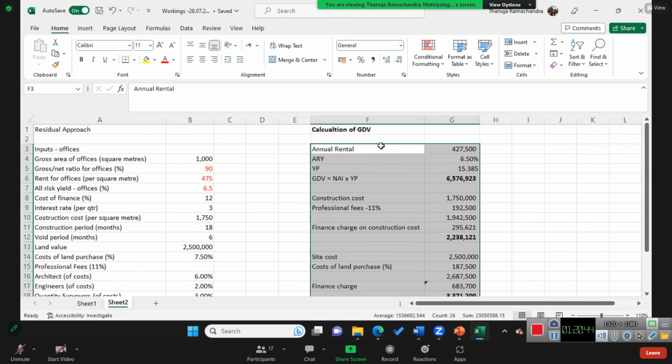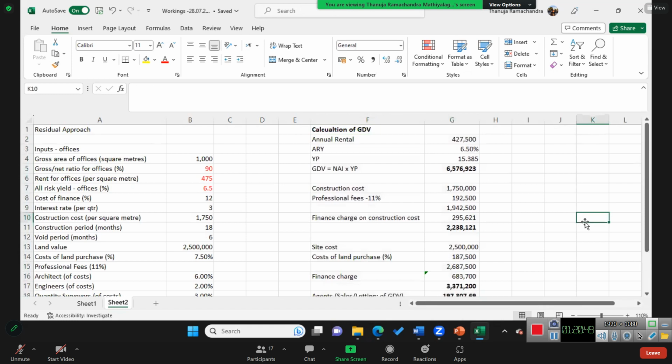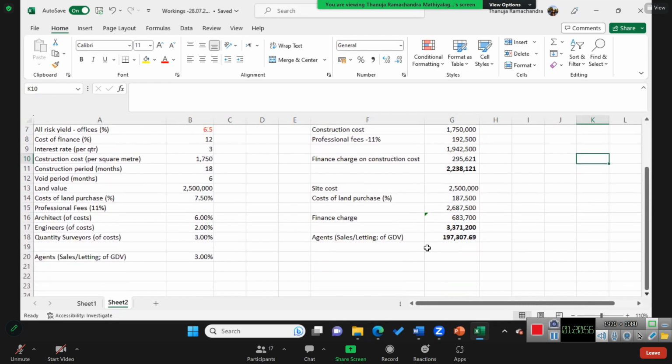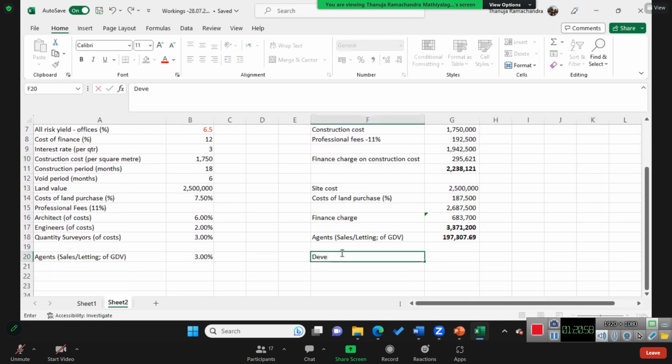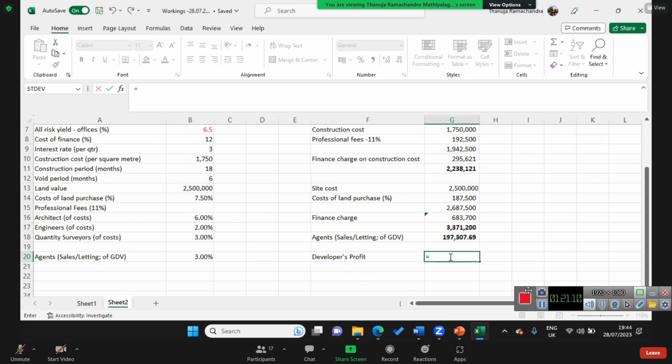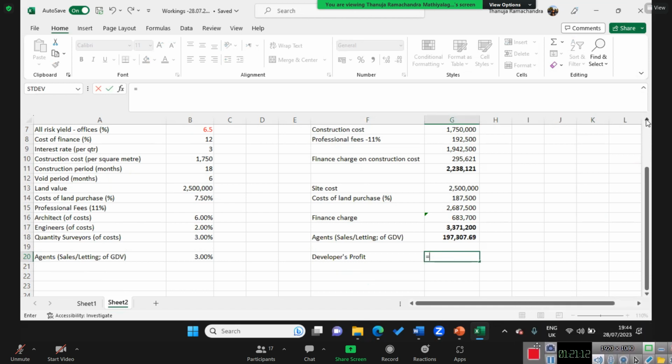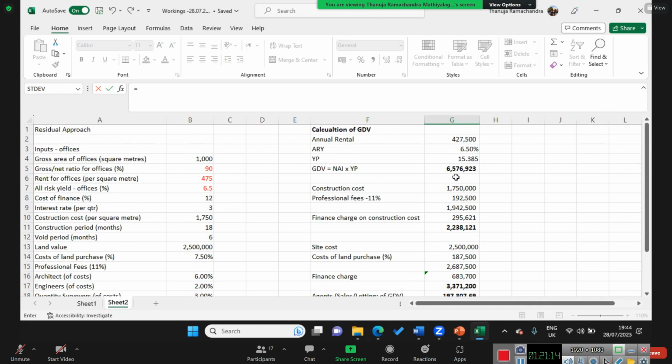What should we find? The profit, madam. Yes. How do we find that? So GDV minus all the cost, isn't it? This is GDV minus all the cost.